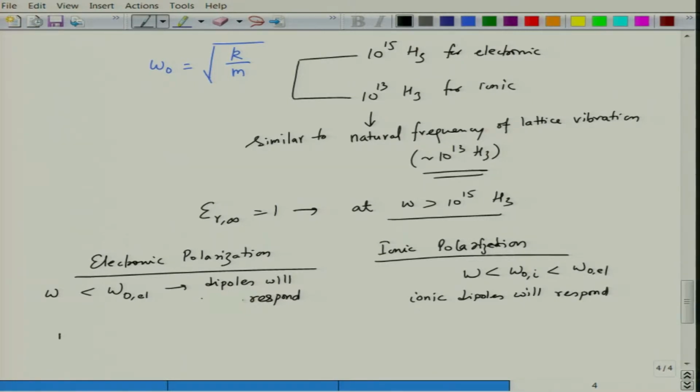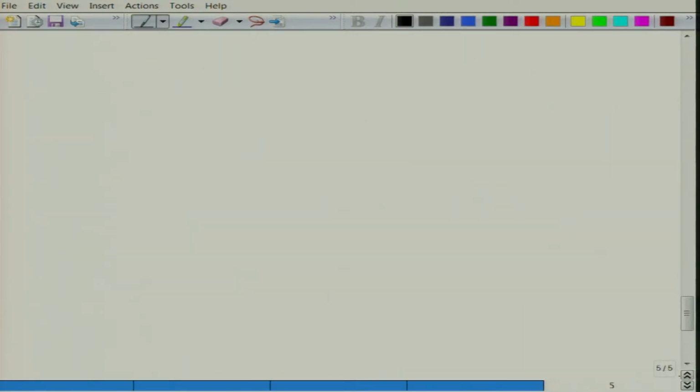So, at this frequency you will have a resonance and maxima in epsilon r double prime. Okay, so this is a simple analysis for electronic and ionic polarization given their frequency dependence.